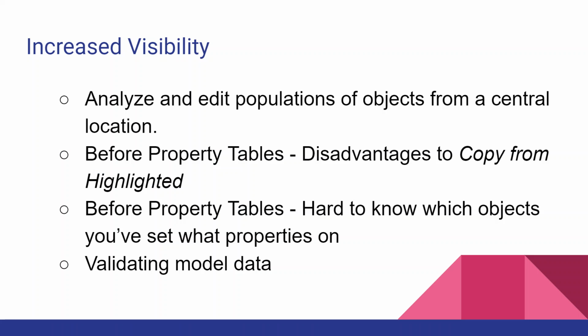Property tables allow you to increase the visibility of your model. You can not only set, but you can view and analyze the properties of whole populations of objects in your model. Some of the disadvantages of existing features, like copy from highlighted, oftentimes it didn't let you see exactly what you were changing a property from.